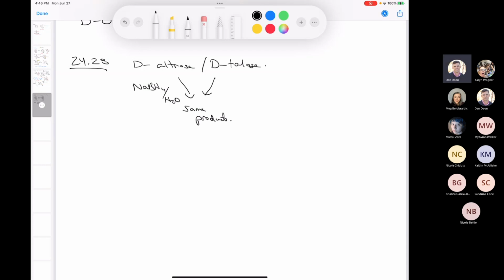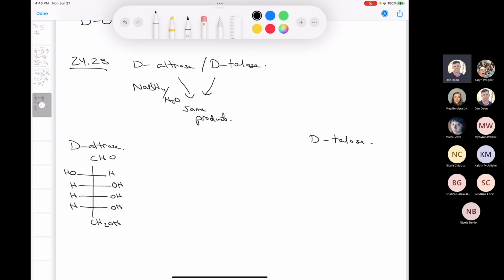So let's write down the structure of those two sugars. We'll start with D-altrose, and maybe we'll put D-talose over here. Keep track of them. For D-altrose, I just go over to the handout and look up the structure. So 1, 2, 3, 4. My D-altrose has a proton here, and then it's got 3 hydroxyls.